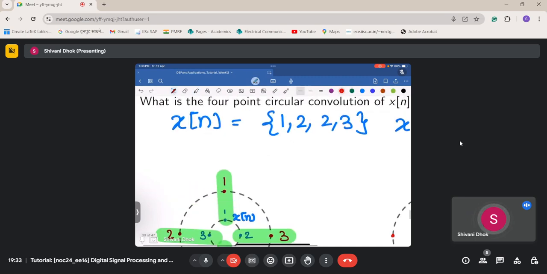Let's say I have this y of n as x of n circularly convolved with itself, or let's say it's y4 of n.